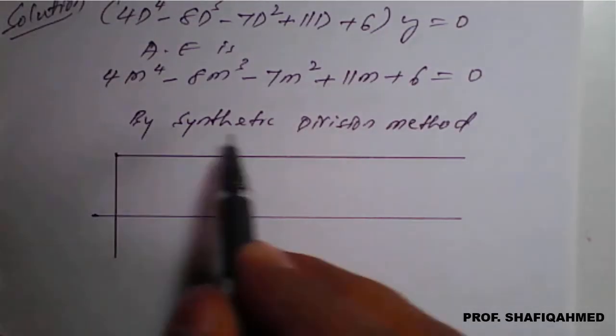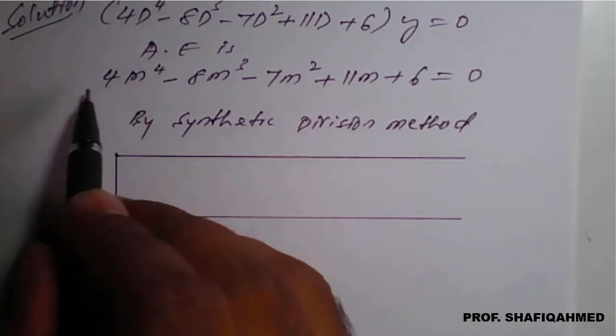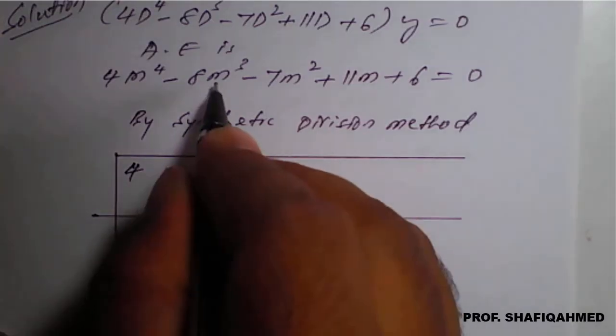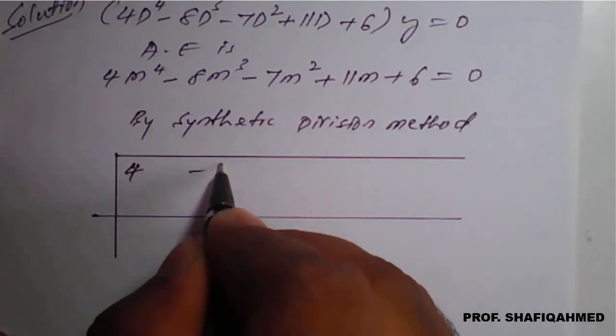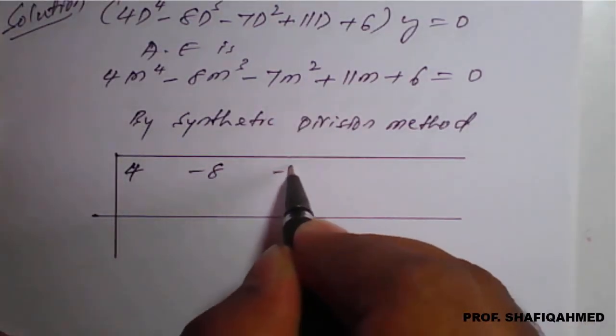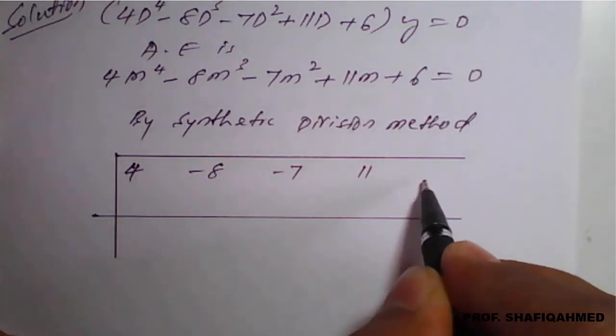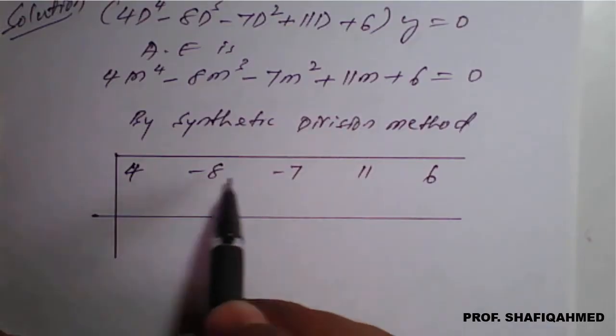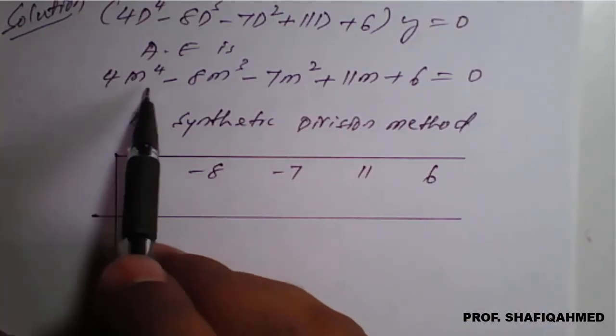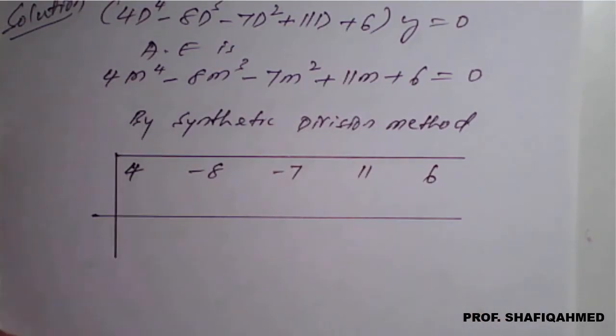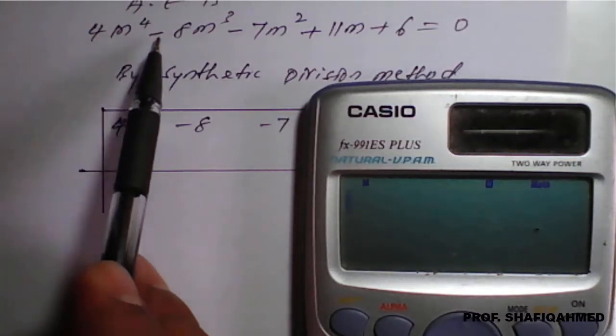So by the synthetic division method, the coefficient of m^4 is 4, m^3 is -8, m^2 is -7, the coefficient of m is 11 and the constant is 6. We need to see which number will satisfy this equation.